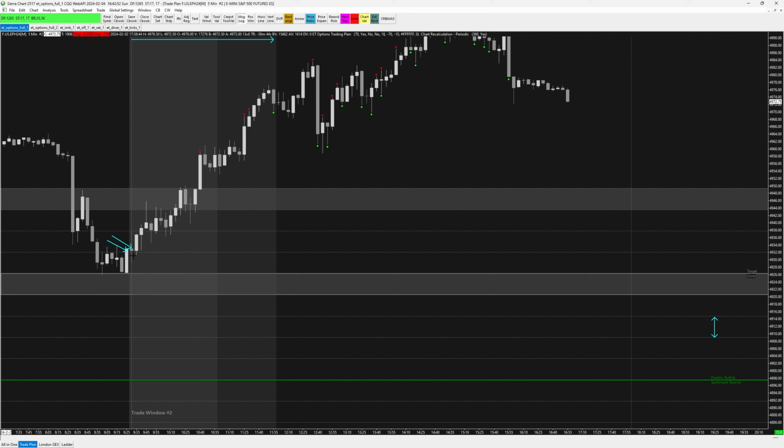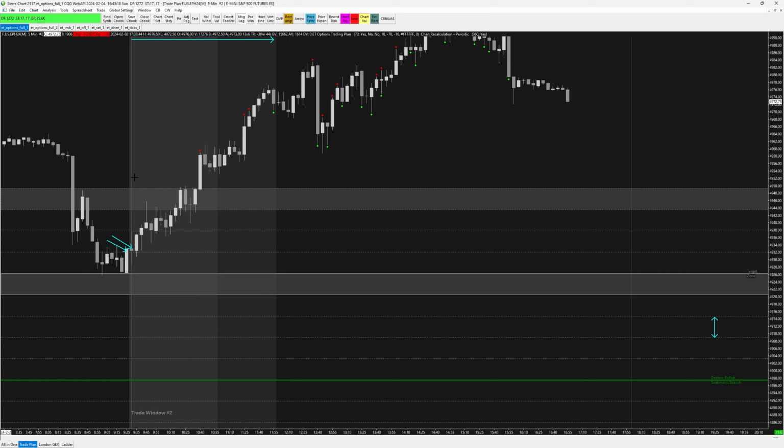So what is the maximum drawdown during these trades in these time windows? Okay, so I'm not going to show you the drawdowns during the periods after the 12.